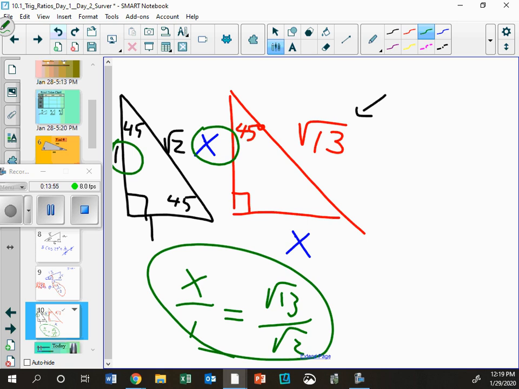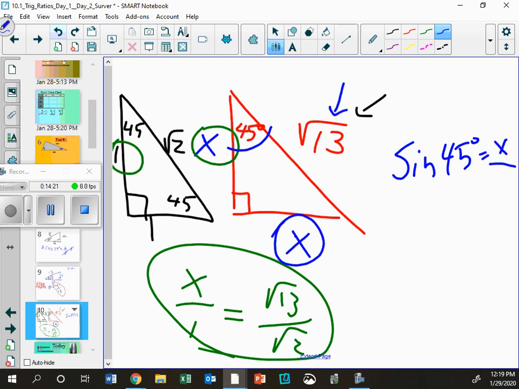Or there's option C, which should I use sine, cosine, or tangent of the 45? Actually, the only one that wouldn't work is tangent. I could use sine or cosine. Let me use sine of, let's use this 45 here. Sine is opposite over hypotenuse, right? So opposite is x.